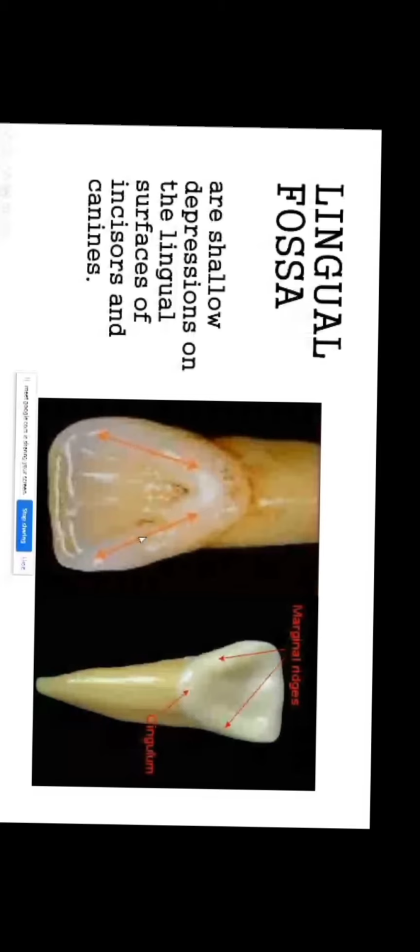The area inside, that is now the lingual fossa. That concavity or depression is the lingual fossa. That means the lingual fossa is bounded by your marginal ridges on the sides, and on the top you have your cingulum. Also, this one, what surface is this, with the arrow? The cutting surface, incisal.